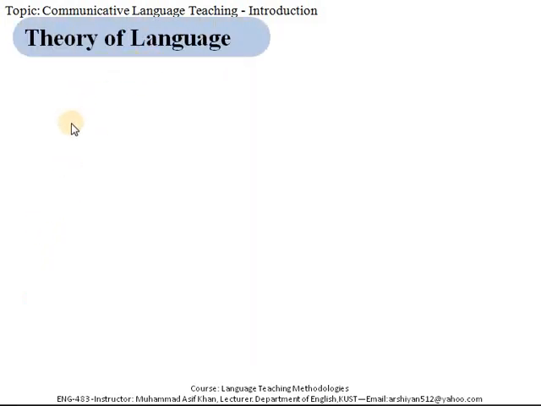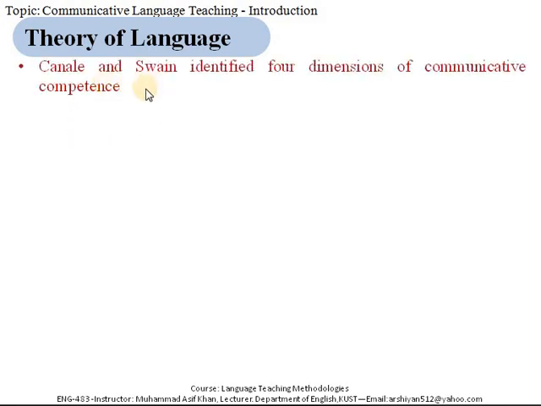We see that Canale and Swain, these two theorists of language, identified 4 dimensions of communicative competence. Before that, we were looking at the basic functions that language performs.